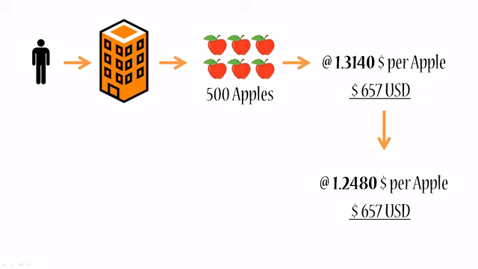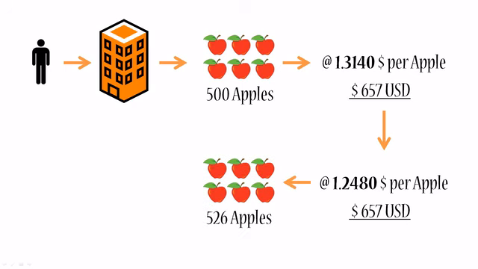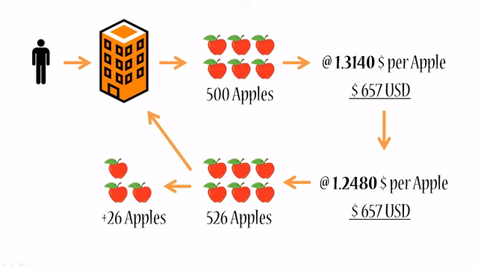So what are you going to do with these $657 now? Well, you're going to go and you're going to buy back apples. Now with your $657, you can buy 526 apples. So as you remember, you still have to return 500 apples to your broker, and that's exactly what you do.